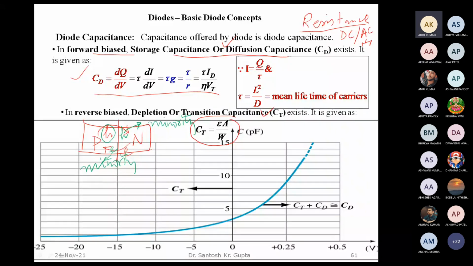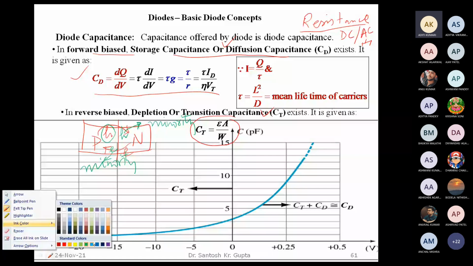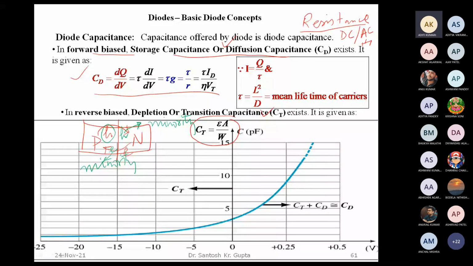Because this injection of charge carriers is continuing, there is an accumulation of charges near the junction. On the left side here we can see electrons, and on the right side we can see holes accumulated, which diffuse because of the concentration gradient.